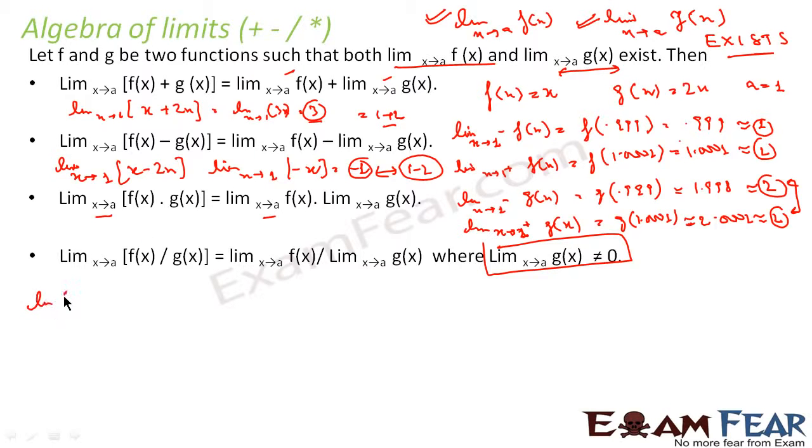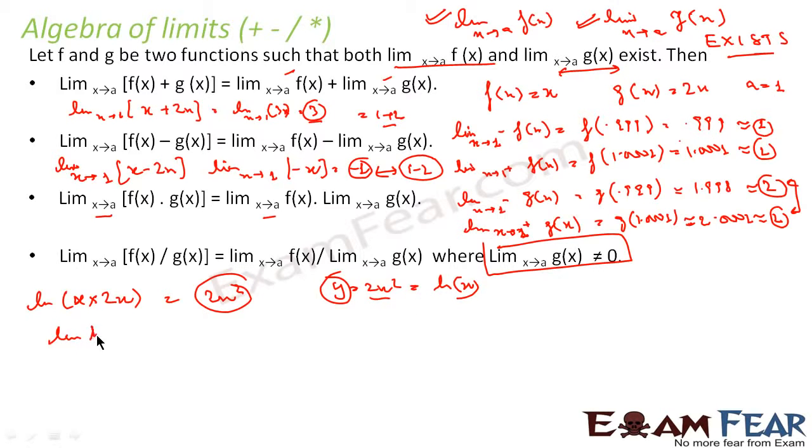For multiplication, you see limit of f(x) into g(x), where f(x) is x and g(x) is 2x, correct? So this becomes 2x square. Now we have to find the limit of this function. Let's suppose y is equal to 2x square, and we'll call this function h(x).